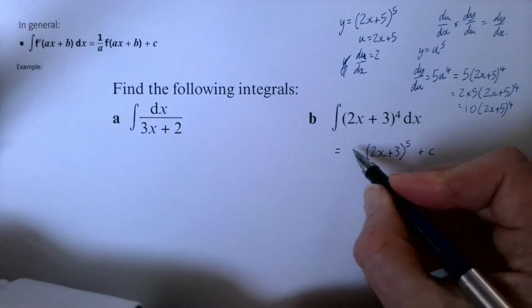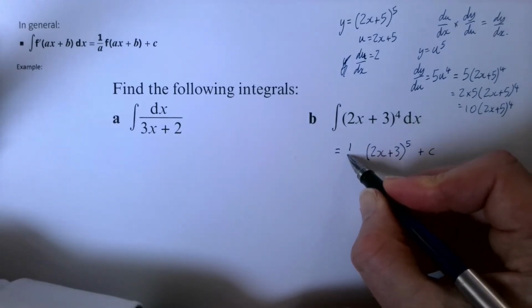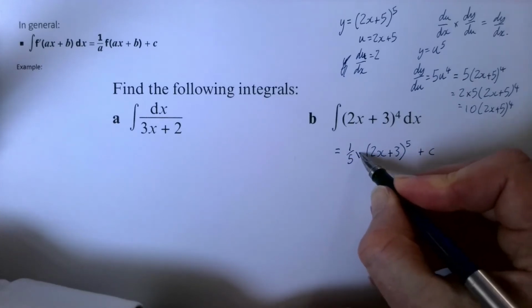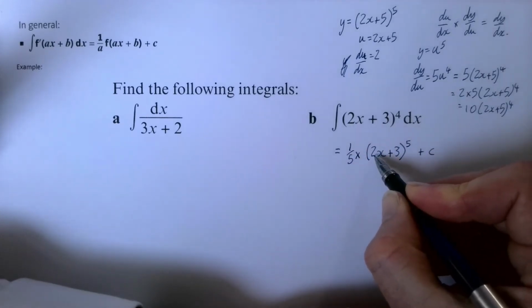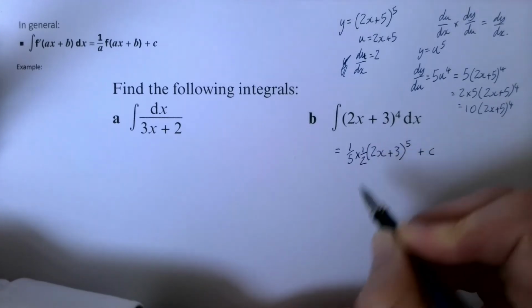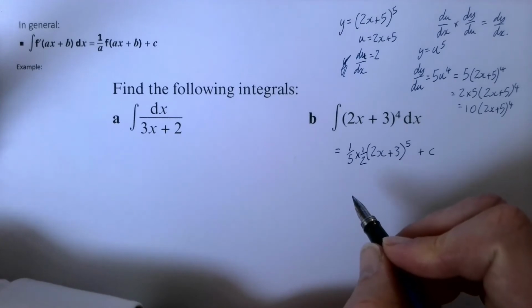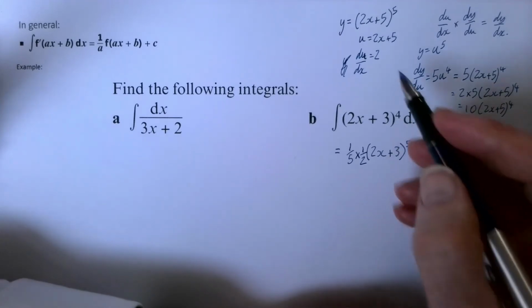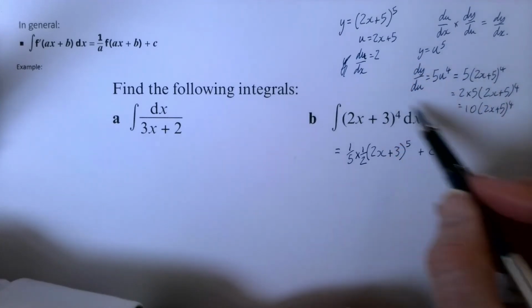That's nothing new, and we're going to call that multiplying by 1/5. But I'm also going to need to multiply or divide by this number, which we can do as multiplying by its reciprocal, 1 over 2. And that's because we're reversing the chain rule.